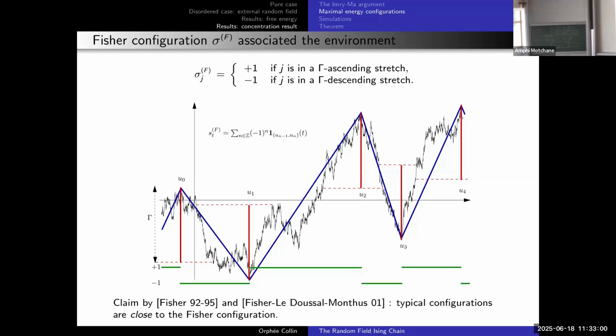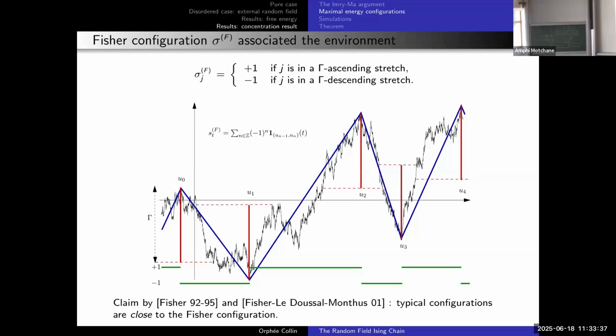But the problem is that these walkers are not independent. So at some point they will meet, and in particular, if there are some stretches which have height just slightly larger than gamma, then switching this spin domain, removing this spin domain, will make you lose some energy, but not too much.